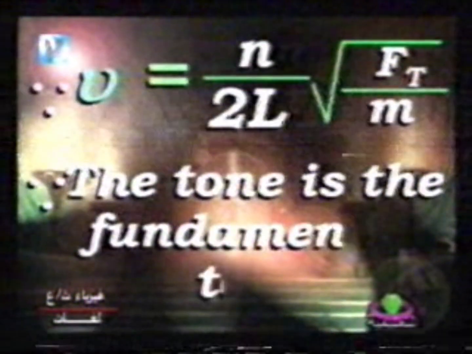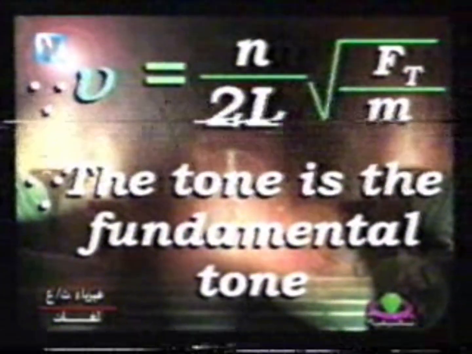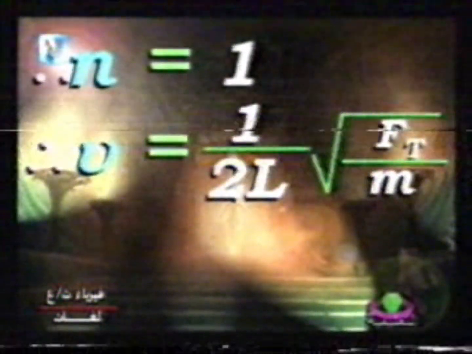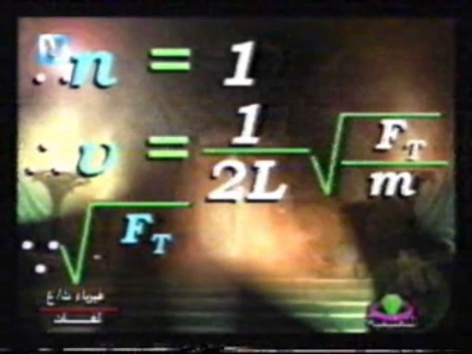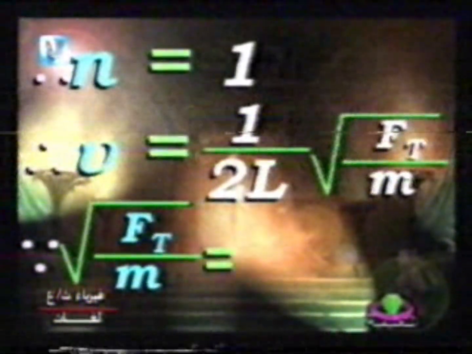Since nu equals n over 2L root Ft over m, and the tone is the fundamental tone, the number of segments equals what? Good, equals 1. Therefore nu equals 1 over 2L root Ft over m. But root Ft over m is equivalent to the velocity of the wave. Therefore, nu equals 1 over 2L times v.